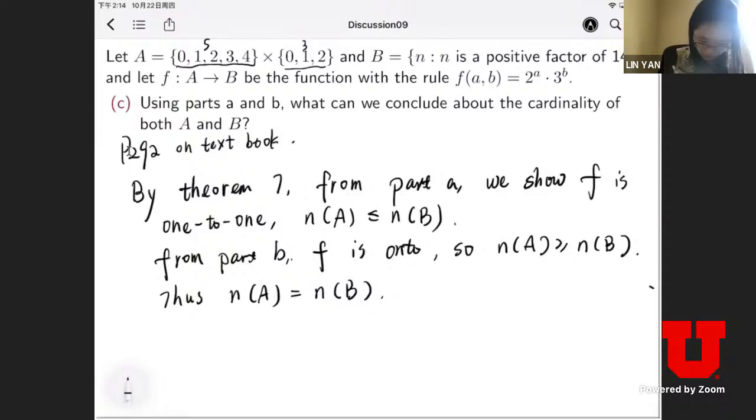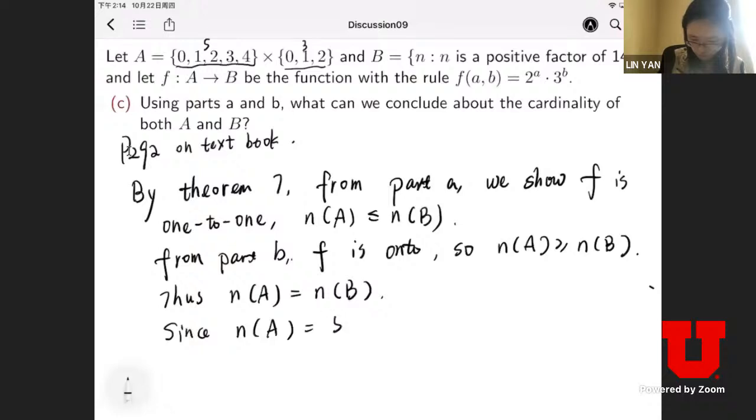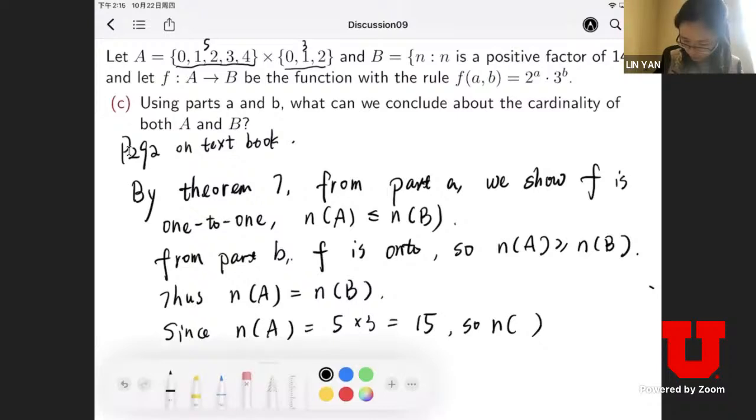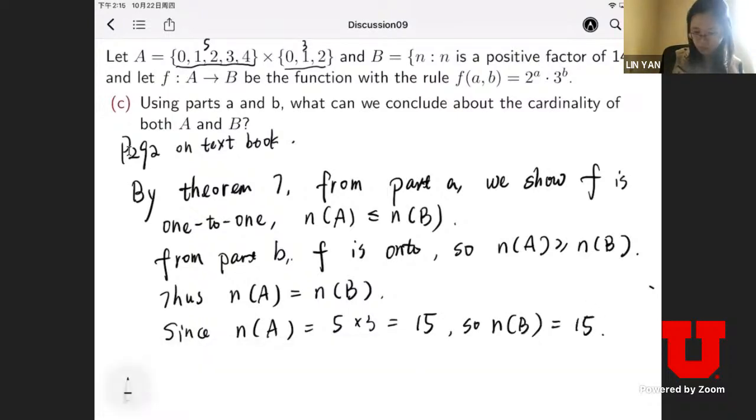So NA is equal to 5 times 3 is equal to 15. And because the cardinality of these two is equal, NB is also equal to 15. We are done with this part. Any questions so far?